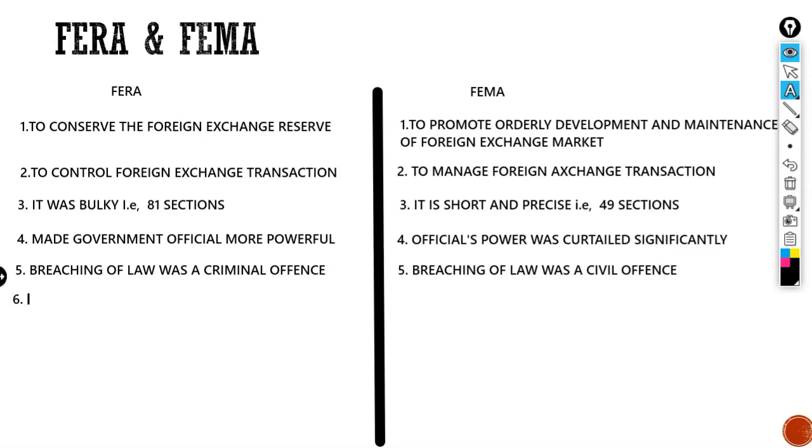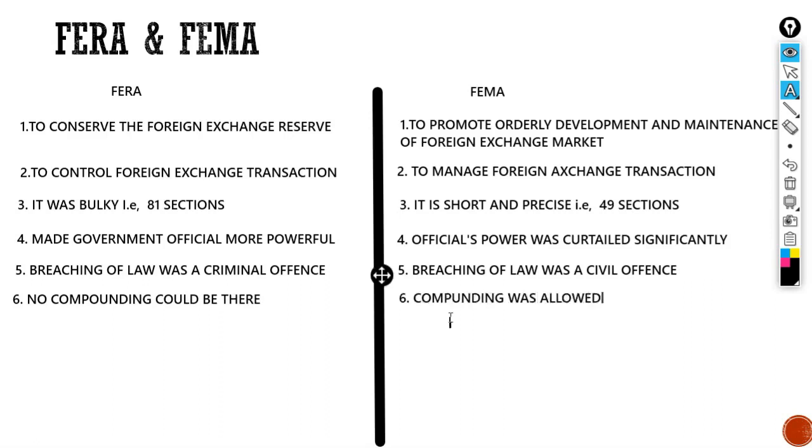Under FERA, no compounding could be there, whereas in FEMA, compounding was allowed. Now, the term compounding stands for payment of money.